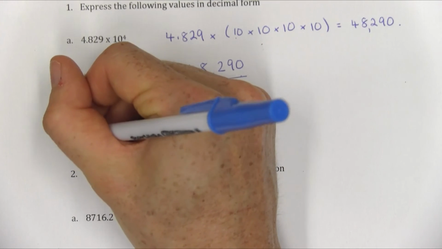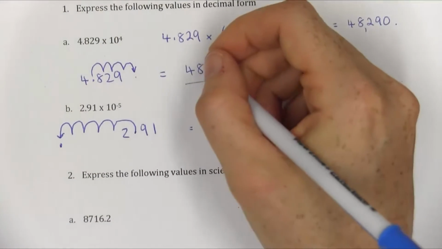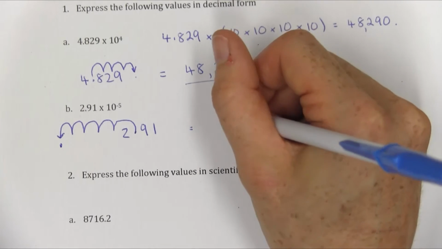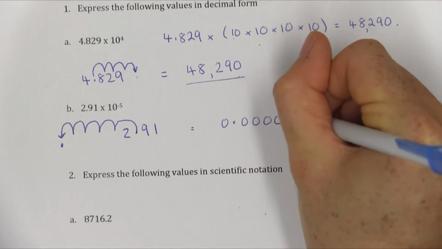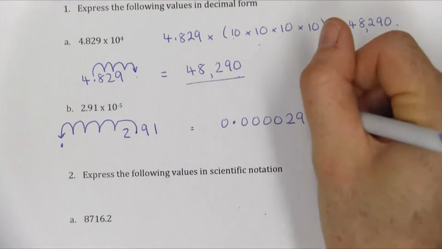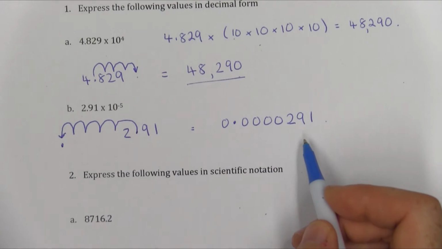So the decimal point is now here. And when we do this, we get that number, and that's the decimal form of the number.